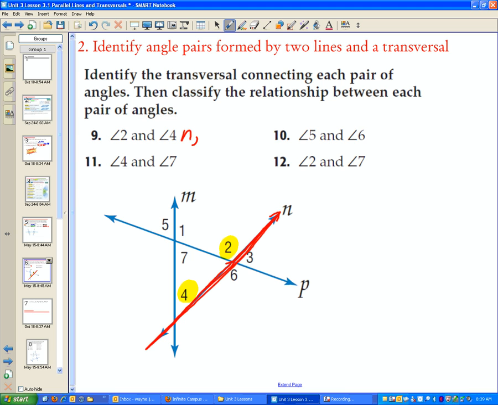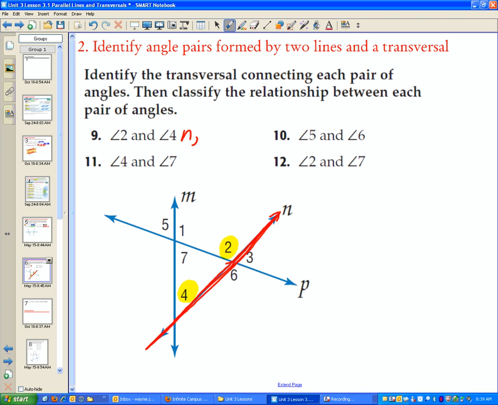So if that's the transversal then, now we have to identify angle 2 and angle 4 as being alternate interior, alternate exterior, corresponding, consecutive interior, whatever it is. What is it? It's corresponding. They're both to the left, kind of left and above the transversal.